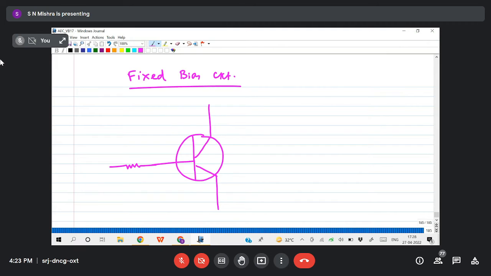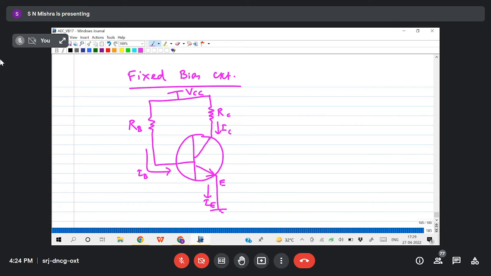The current will be the same. This is your emitter, this is your IE, this is your IB, this is your IC, and here to here is the base emitter voltage, and here to here VC. This type of circuit is called a fixed bias circuit.